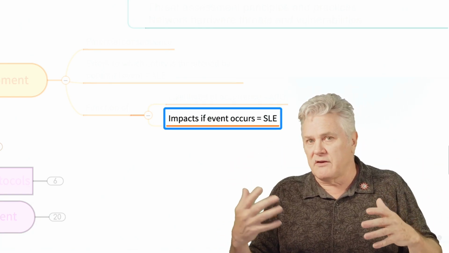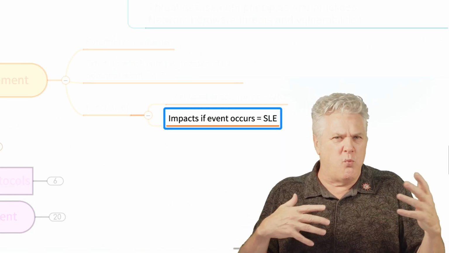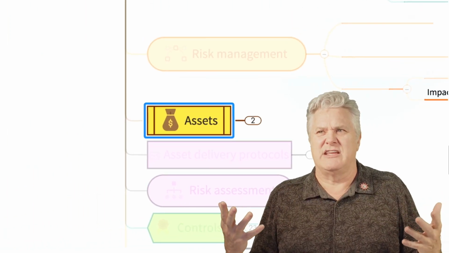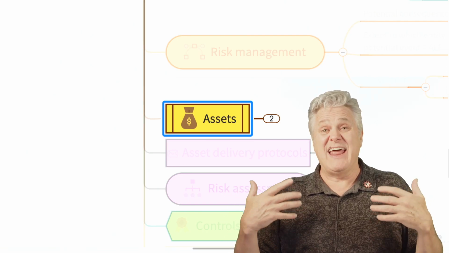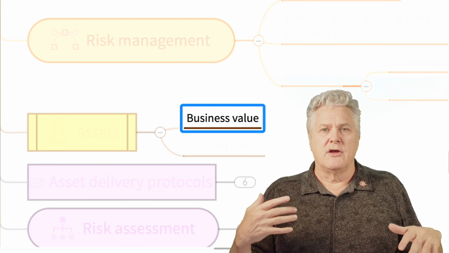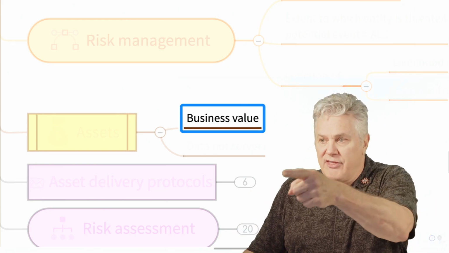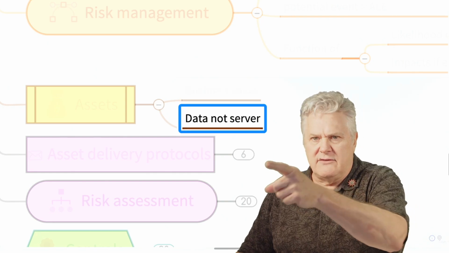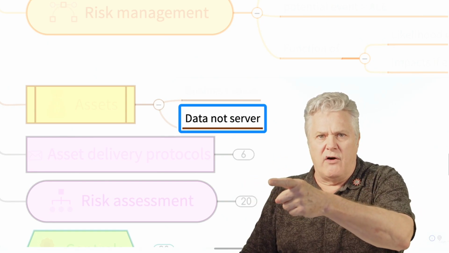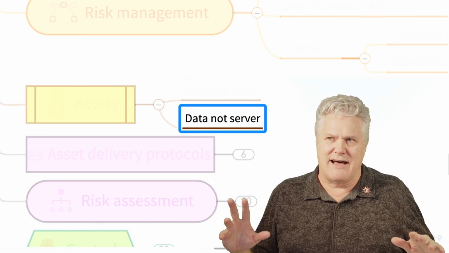Now, threats and vulnerabilities are all around us all the time. So how do we figure out what threats and vulnerabilities we have to deal with? On what assets? If we look at our assets, a lot of times we look at things that are the business value. And a lot of times people say, well, there's the server, and it's got all of our data on it. The server is the asset. No, it's not.